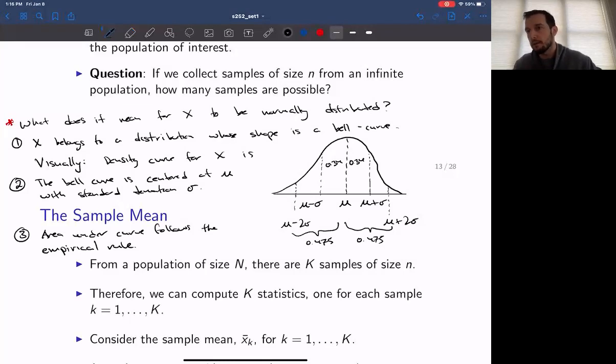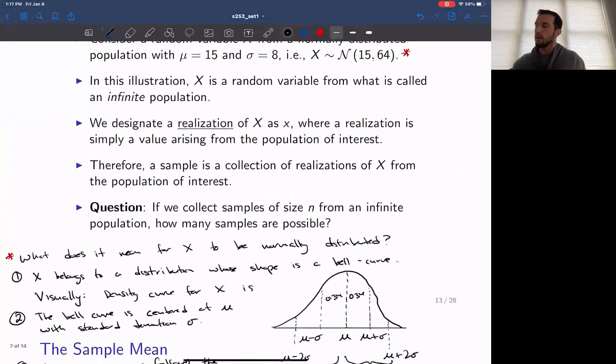It also allows us, in the context of hypothesis testing, to find the probabilities of observing certain events. So that is to find the p-values, which we can then use to make decisions about the questions that we pose in the hypothesis test. So the assumption of normality is a very powerful assumption, and it gives us a lot of ability as statisticians to make decisions about certain population quantities, in particular the population mean.